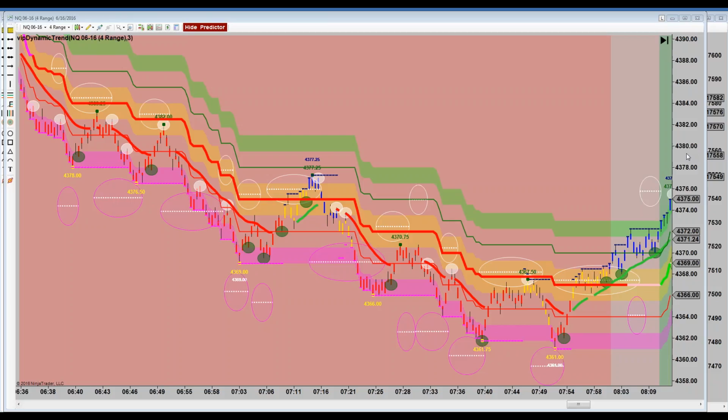Trend change, yes or no? Take a look at it. What's going on there? Ten seconds left. Five seconds.